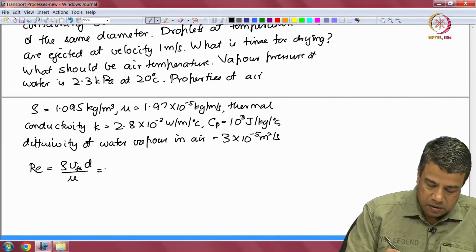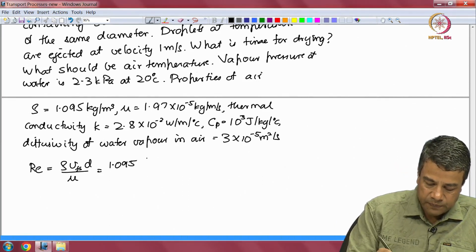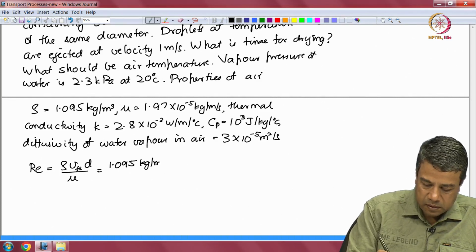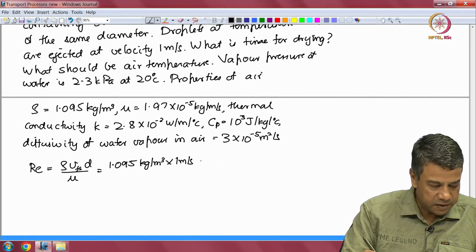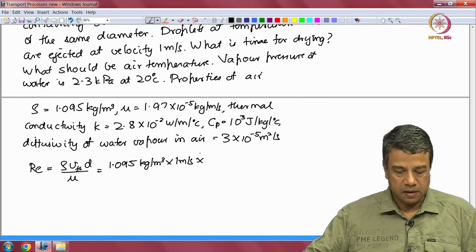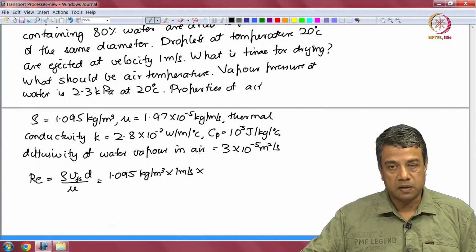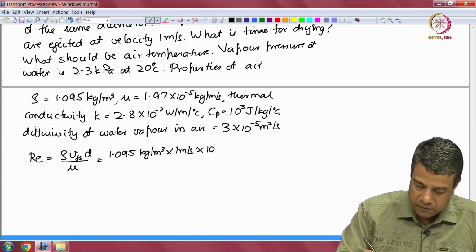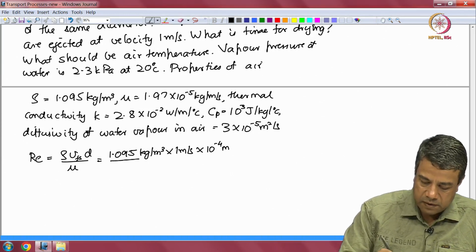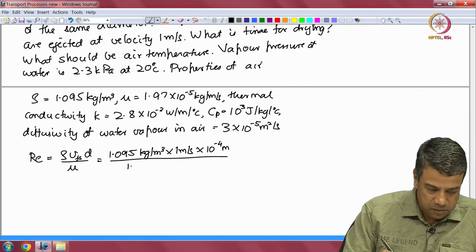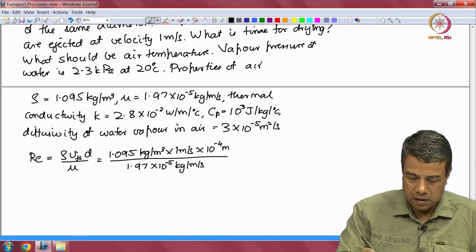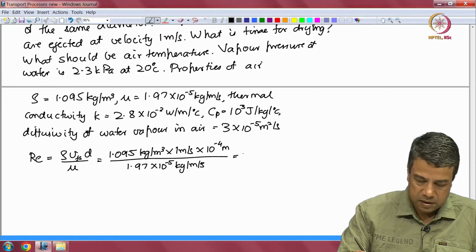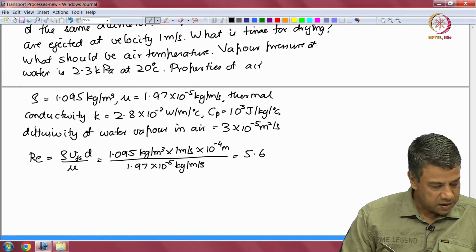It is equal to 1.095 kg per meter cubed into 1 meter per second, the ejection velocity, into the droplet diameter, 0.1 millimeters, which is 10 power minus 4 meters, divided by the viscosity, which is 1.97 into 10 power minus 5 kg per meter per second. Verify quickly that this is dimensionless and the value is 5.6.